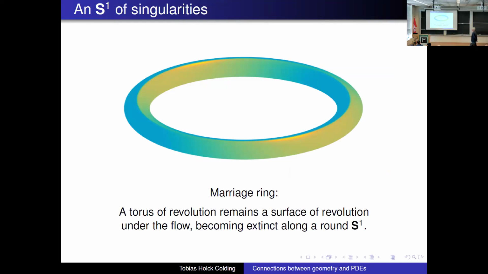Because of the naturality of the equation, because it starts off as a surface of revolution, it will remain a surface of revolution under the flow. And it becomes extinct. In this case, it becomes extinct in a round circle. Okay, so we will see that these phenomena are typical in general later on.